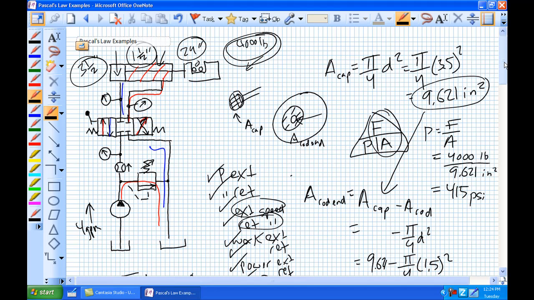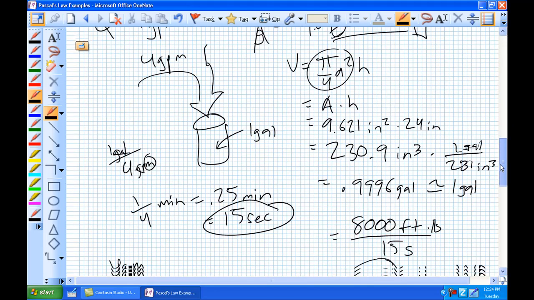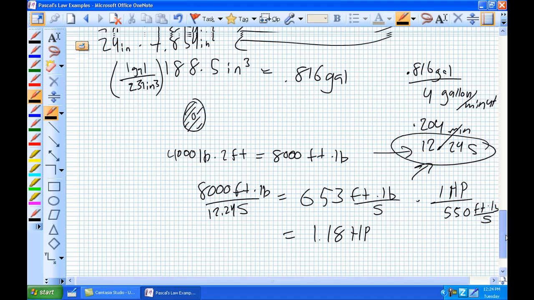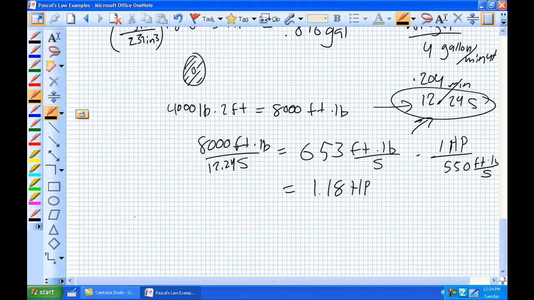Okay, speaking of short steps, let's talk about hydraulic horsepower. So we figured out on extension, we're roughly 1 horsepower. On retraction, we're 1.18 horsepower. There's a secret formula out there.